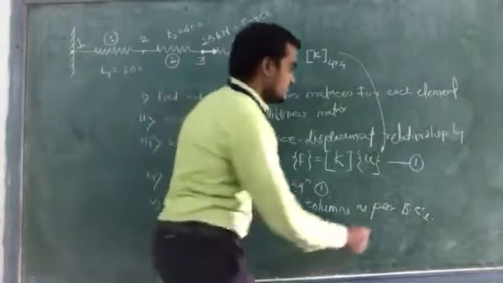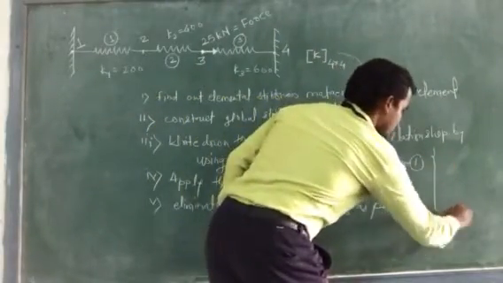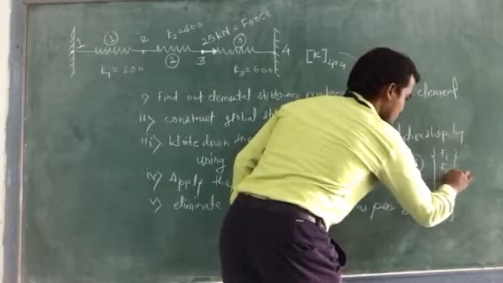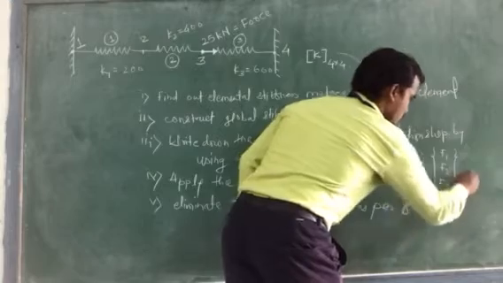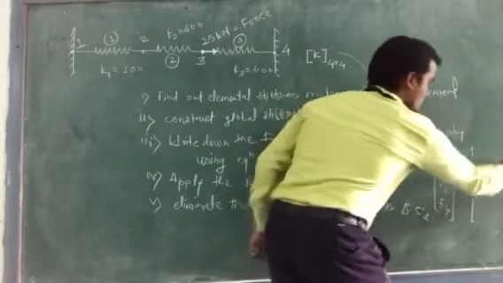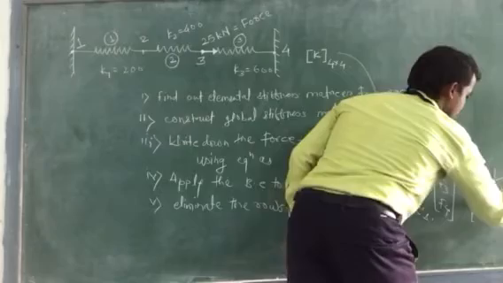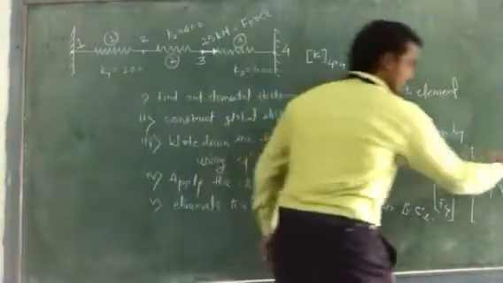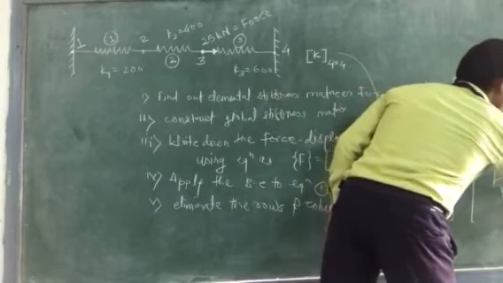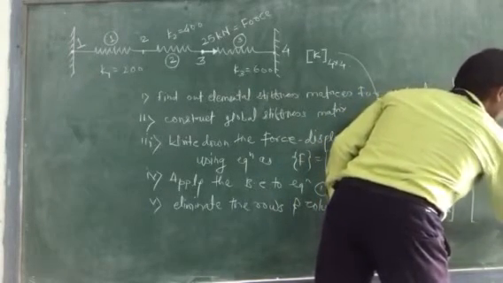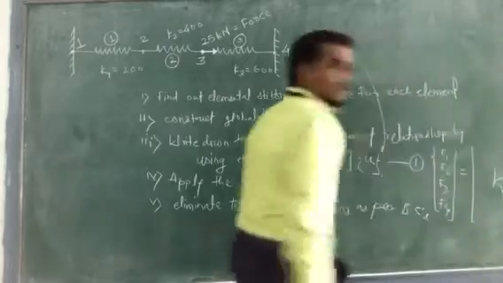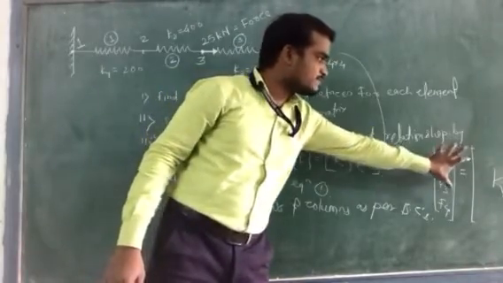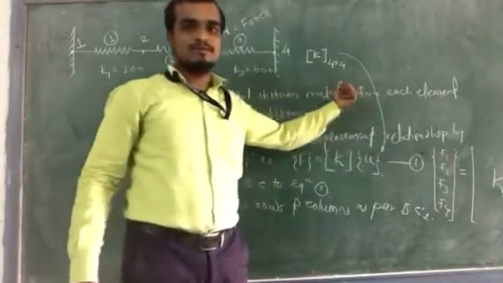That means you need to write down 4 parameters here. Suppose F1, F2, F3, F4 is equal to this 4 by 4 global stiffness matrix, and then the displacement vector, U1, U2, U3 and U4.